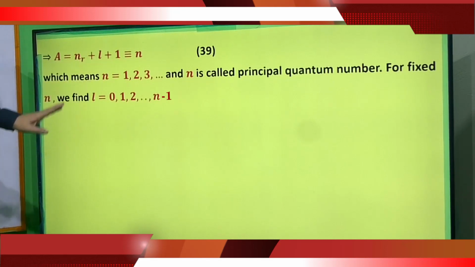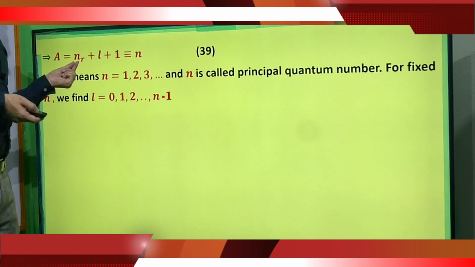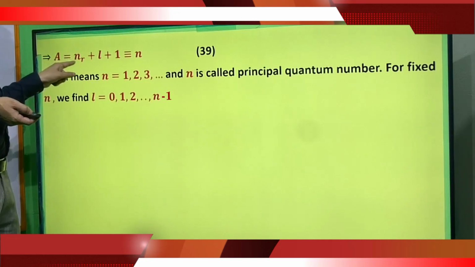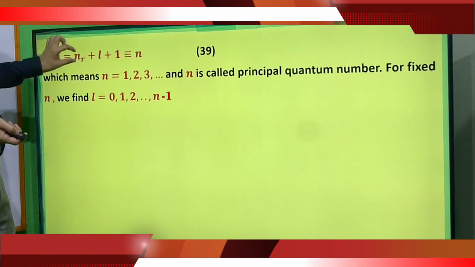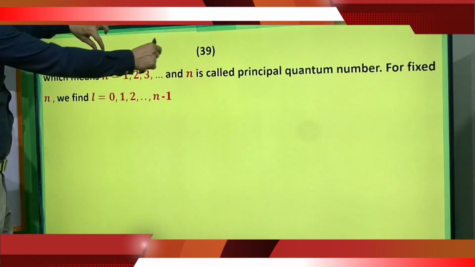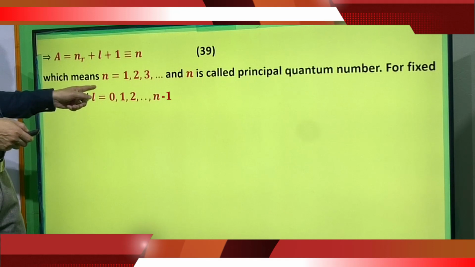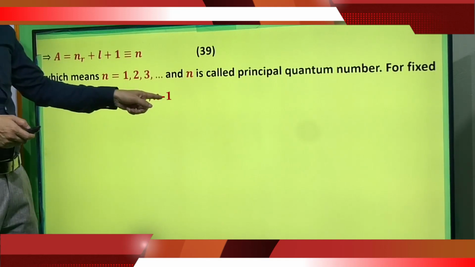We know that this n is fixed. If the value of nr is the minimum, L will be maximum. The minimum value is 0. When you put 0 and go to the other side, L will equal n minus 1. That's why the L value will be 0, 1, 2, 3 up to n minus 1.